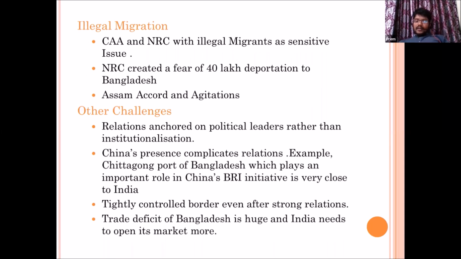But usually any relationship should not be based on political party, it should be institutionalized. That means irrespective of political parties, the institutions like the government, the executive, foreign affairs, everything should support India, or the relation should be positive across the institutions. It shouldn't depend on political leaders. So that is another challenge.